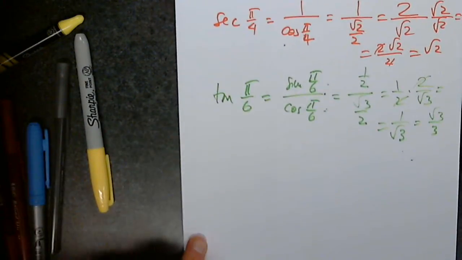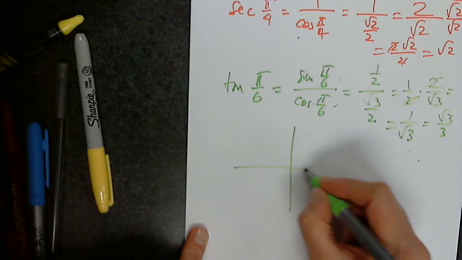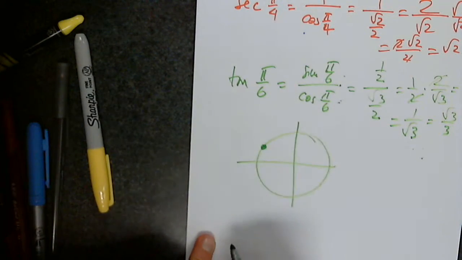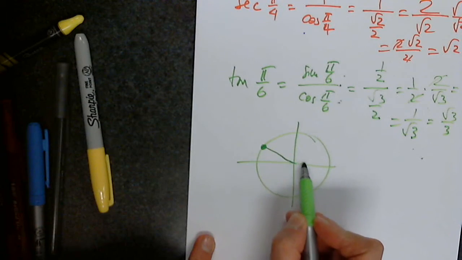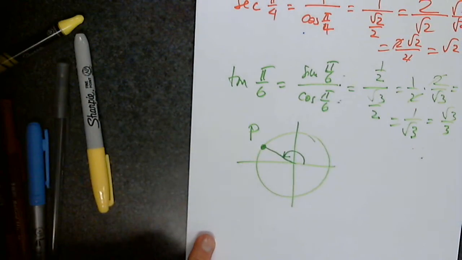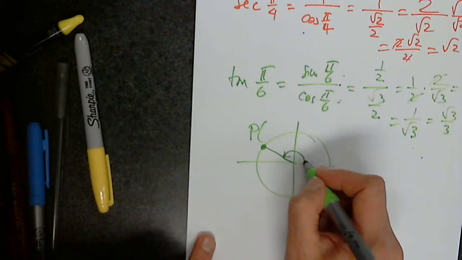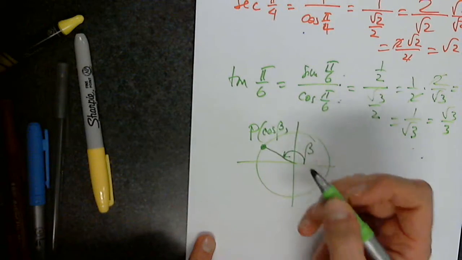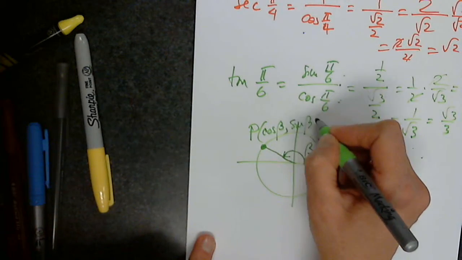So anywhere on the unit circle, let's say here, for this angle, I'm going to call it another point P, and this is angle beta. The coordinates will always be cosine beta, comma, sine beta.